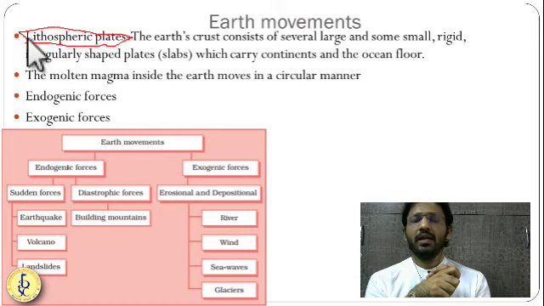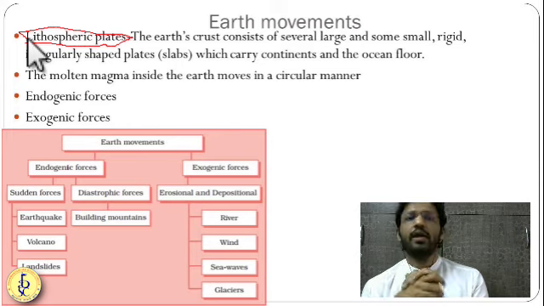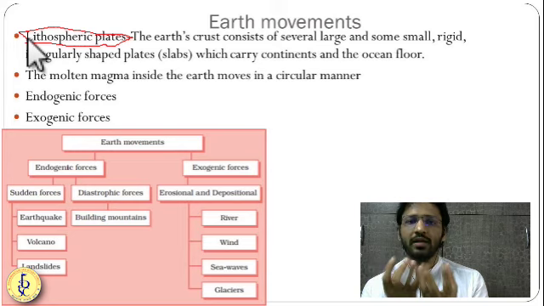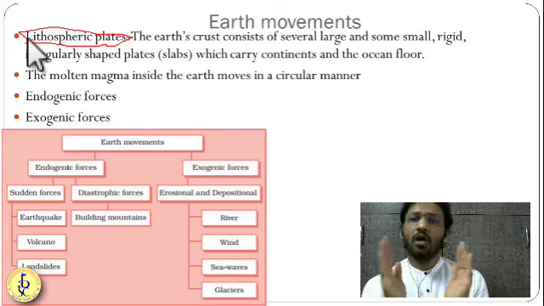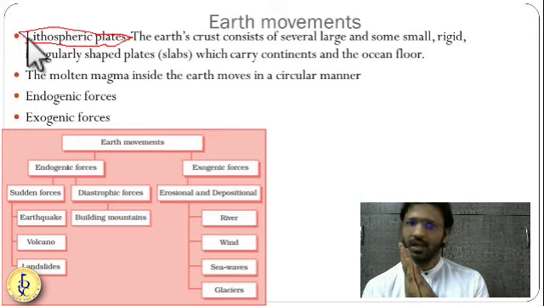But with endogenetic force, when lava comes out, it may create a mountain within a month or within a year. So endogenetic force creates huge impact in a small time. Exogenetic force creates huge impact, but over a long period of time. Getting it? Endogenetic forces are very, very strong compared to exogenetic force.